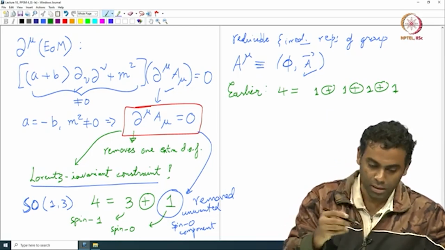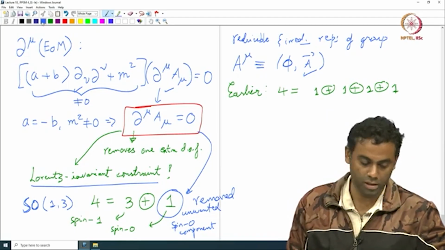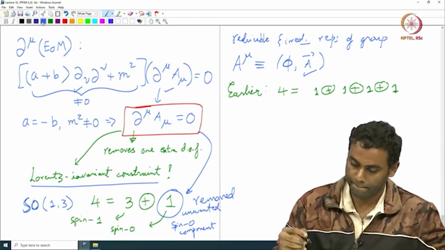Now, having done that, let us move on to rewriting the Lagrangian with this condition, okay.